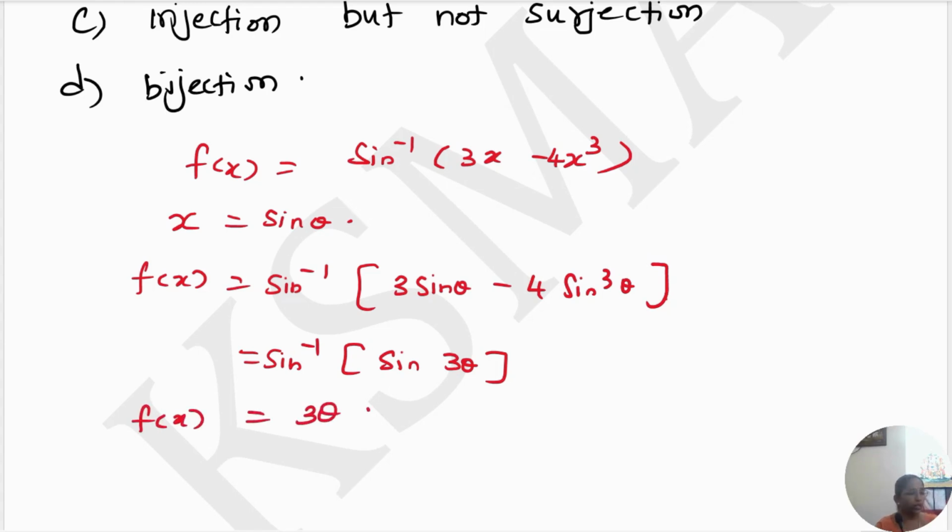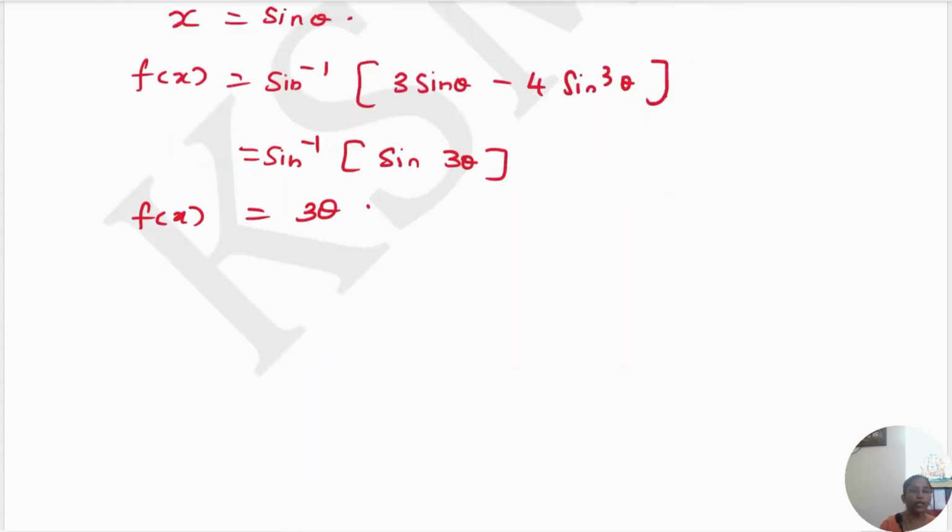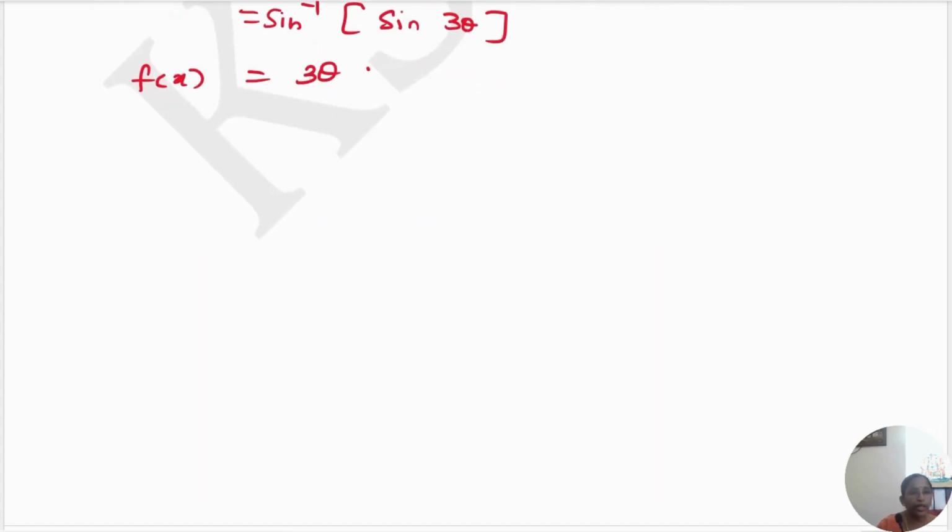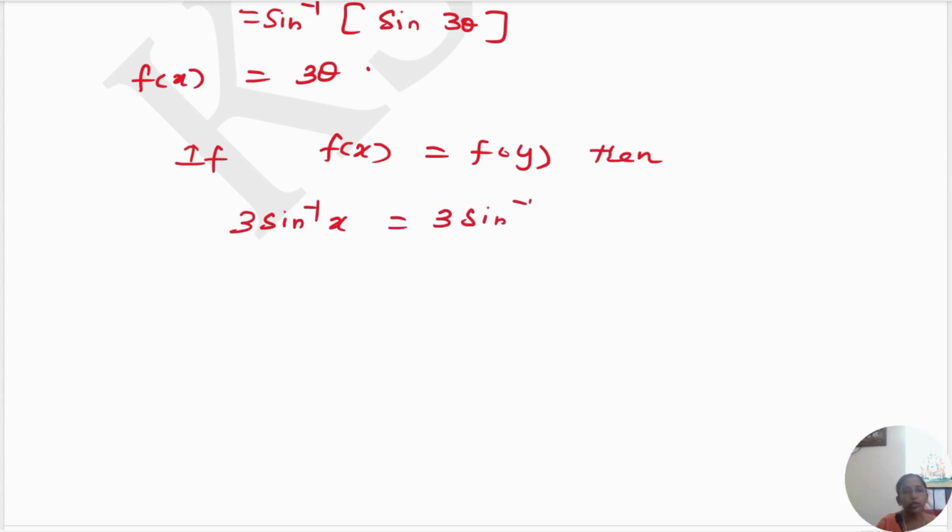So for checking 1 to 1 and onto, if f of x is equal to f of y, then what is our situation? 3 times sine inverse of x is equal to 3 times sine inverse of y. So you can say x is equal to y. That is the case.